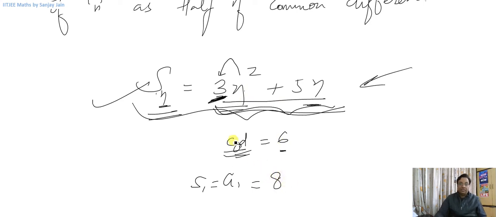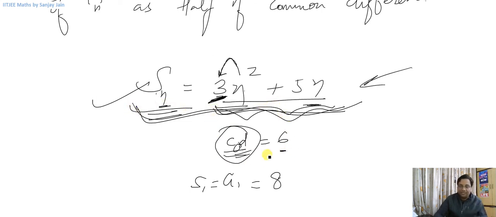So this expression here told me two things. One, just by looking at the coefficient of n², I could say that the common difference of the AP, of which this is the sum of n terms, is 6. And what is the first term? If I put n equal to 1 here, it will give me the first term of that AP.